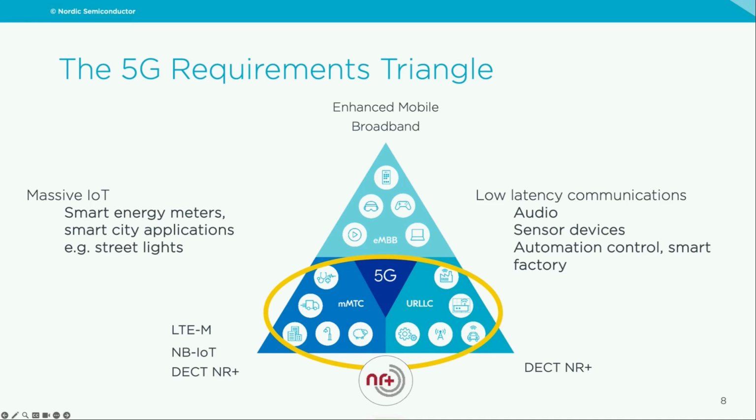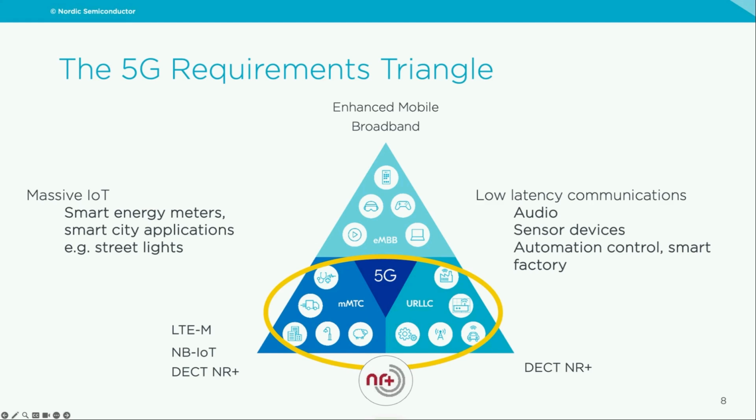But 5G has these other use cases for massive machine type communication and ultra-reliable low-latency communication, which are more IoT usage, so Internet of Things targeted use cases.